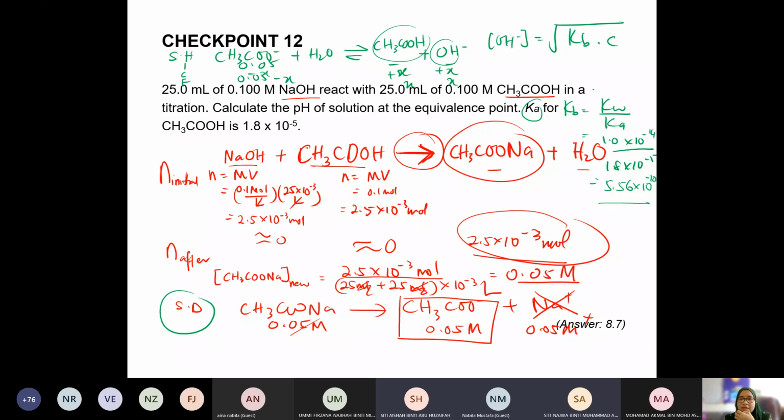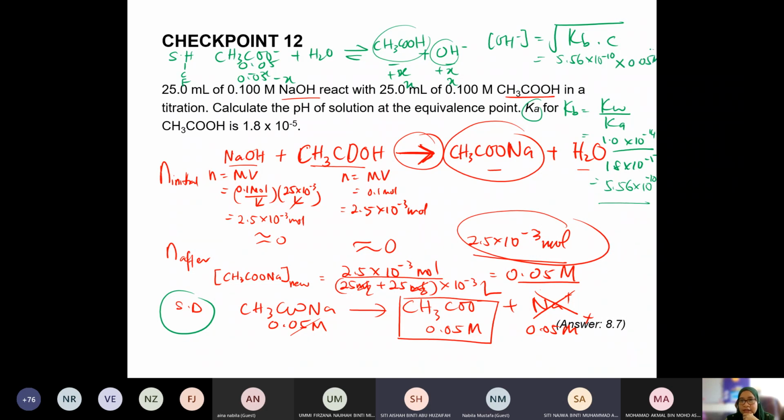Okay, so you have the value of KB now. 5.56 times 10 to the power of -10 times concentration dia berapa? 0.05, is it? Yeah, 0.05 molar.